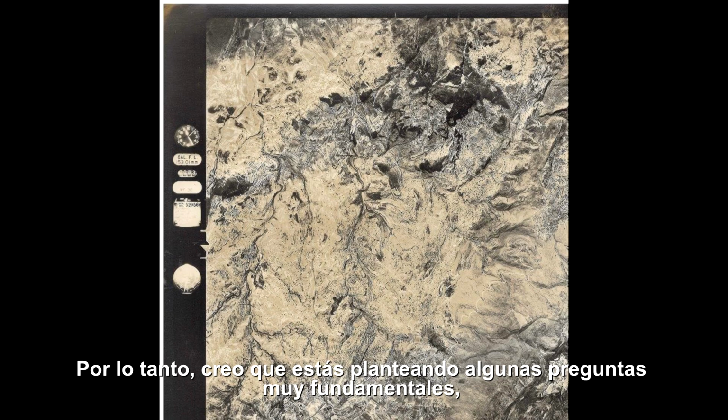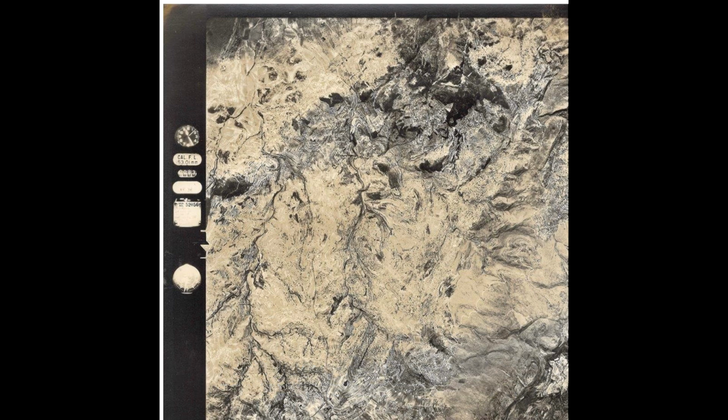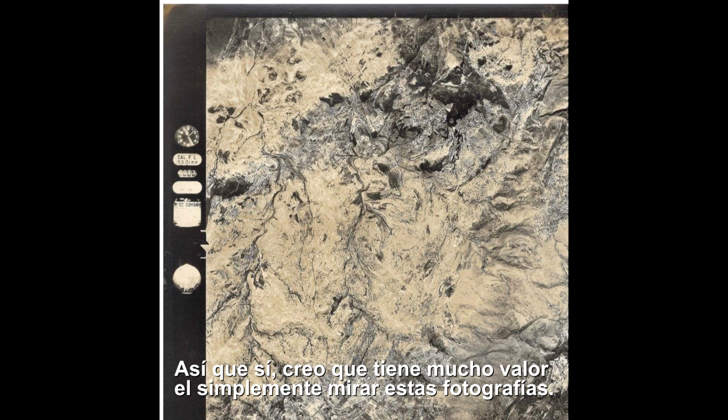So I think you are actually asking through your work some highly fundamental questions, even though they might not be explicitly put on the wall and explicitly conceptualized as such. So I think there is a lot of value in just looking at these photographs.